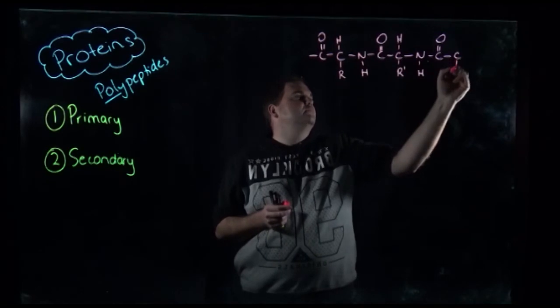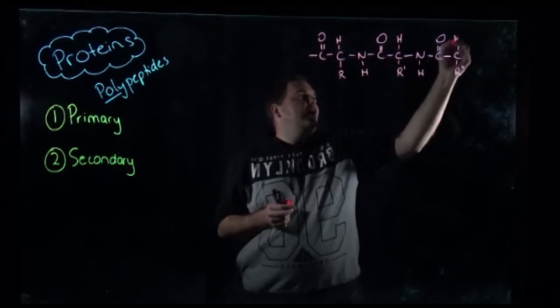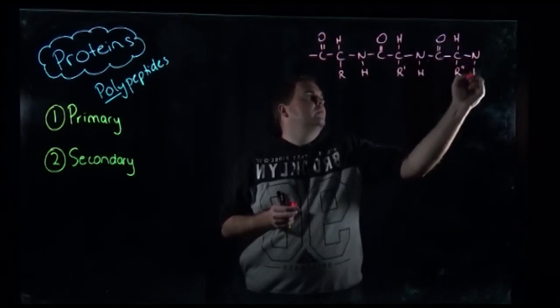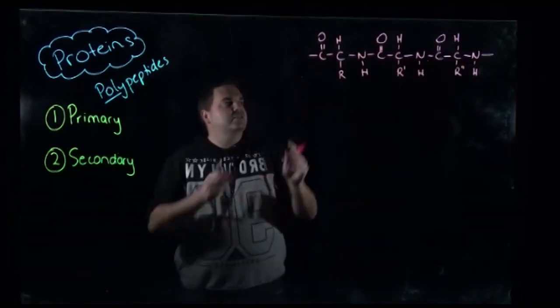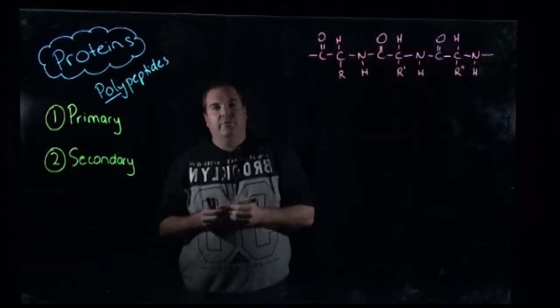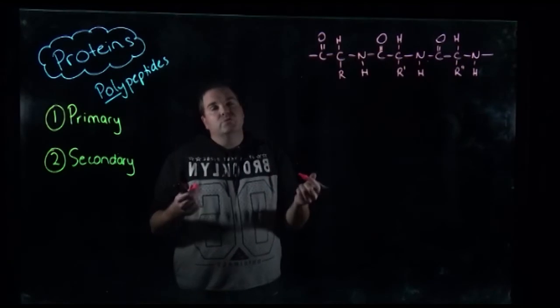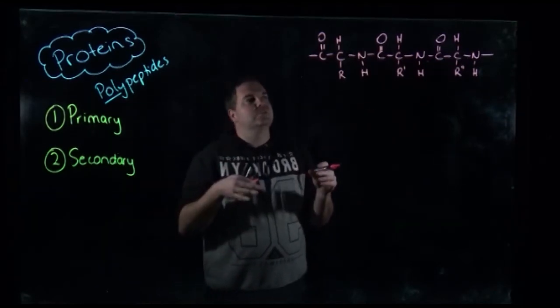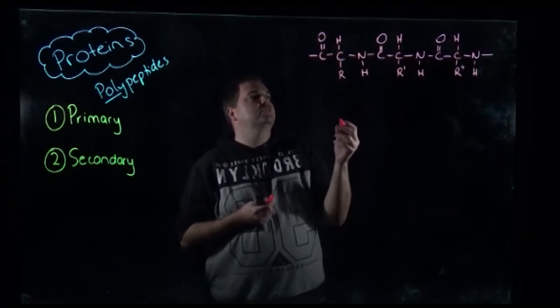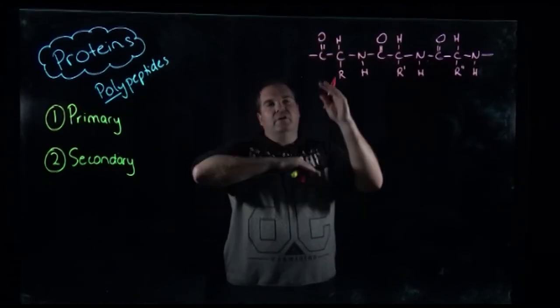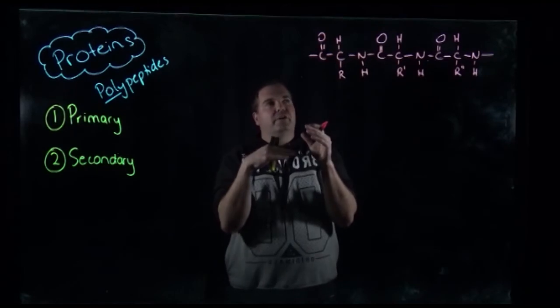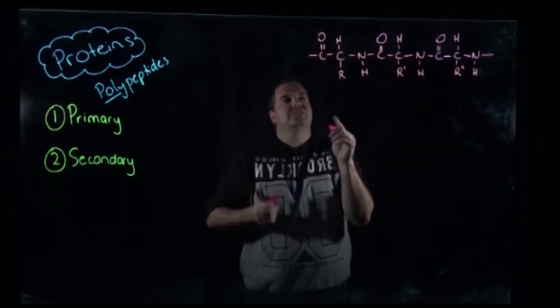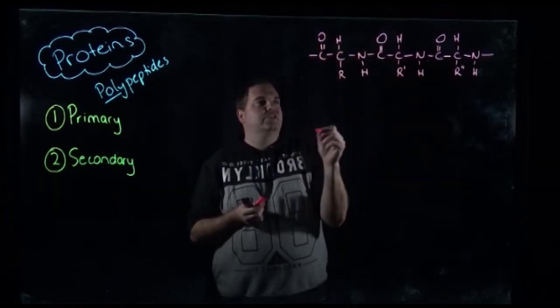You can see we're just building up the chain of our amino acid. I'm just going to end it off at that. So that's just one section of an amino acid. If there's another section of the amino acid next to itself, we can actually get some bonding. So I'm going to draw another one here, and I'm going to invert it, or shift it a little bit, so that you can actually see the interactions that we get.